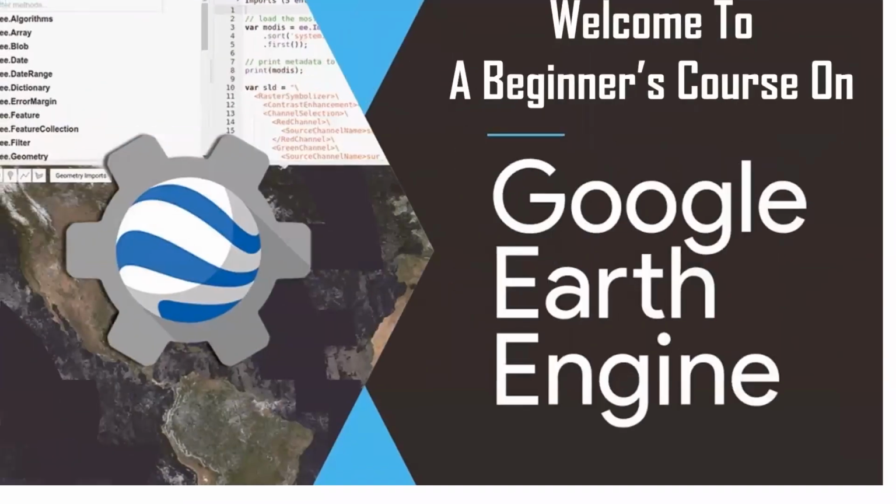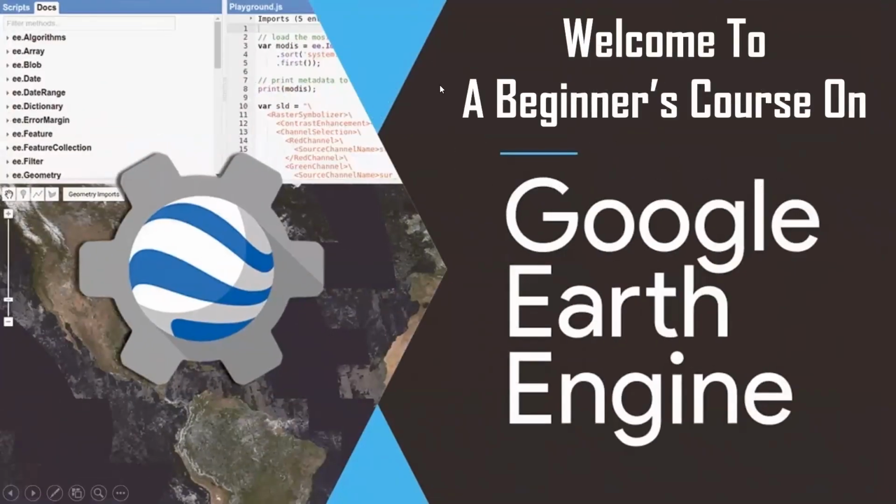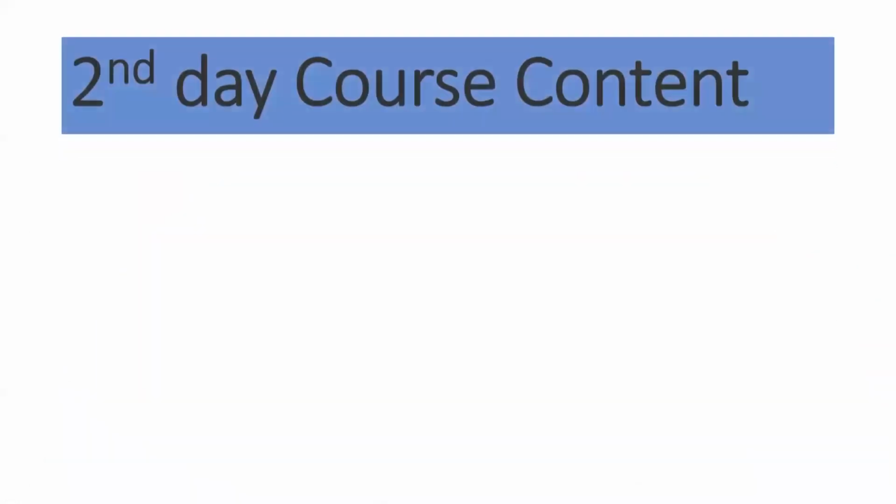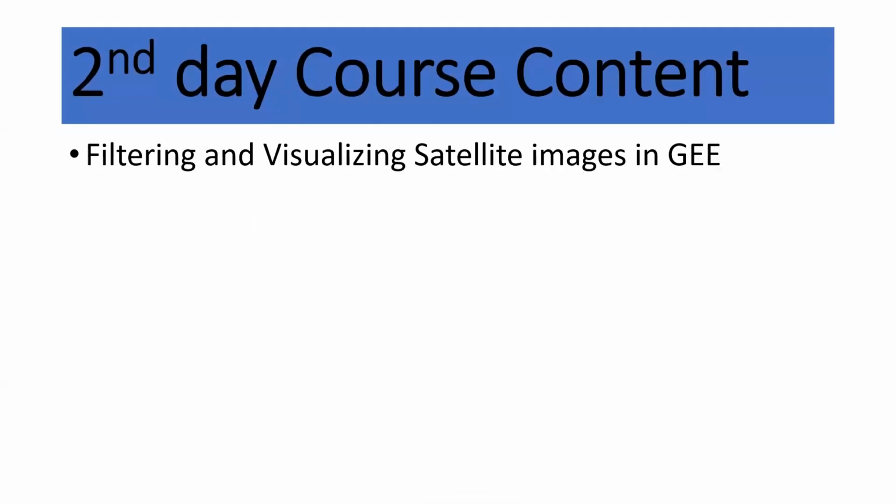Hi and welcome to the second day's beginners training on Google Earth Engine. Today's course content is how to filter and visualize satellite imagery. Mainly in this part, I will show you how you can easily filter the Landsat as well as Sentinel imagery in Google Earth Engine.